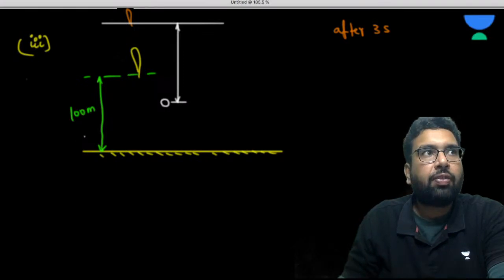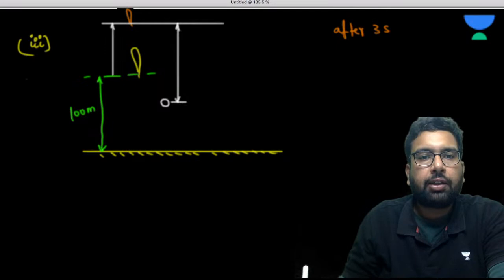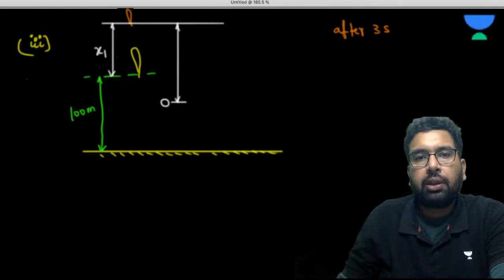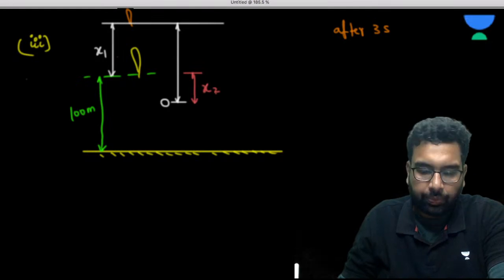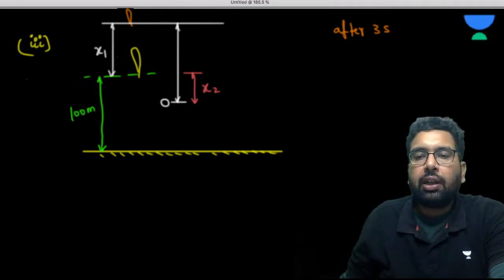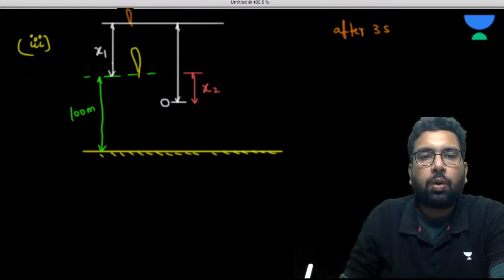So what do we have to find first? We have to find this distance, that is x1, and then we have to find this distance, let's suppose x2. So we need to find this x1 and x2. How can we do it? Let's consider the balloon first.